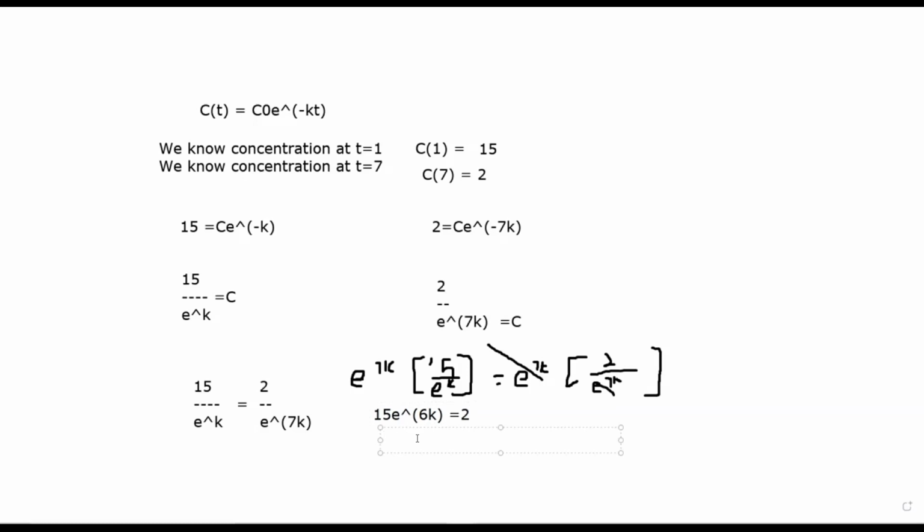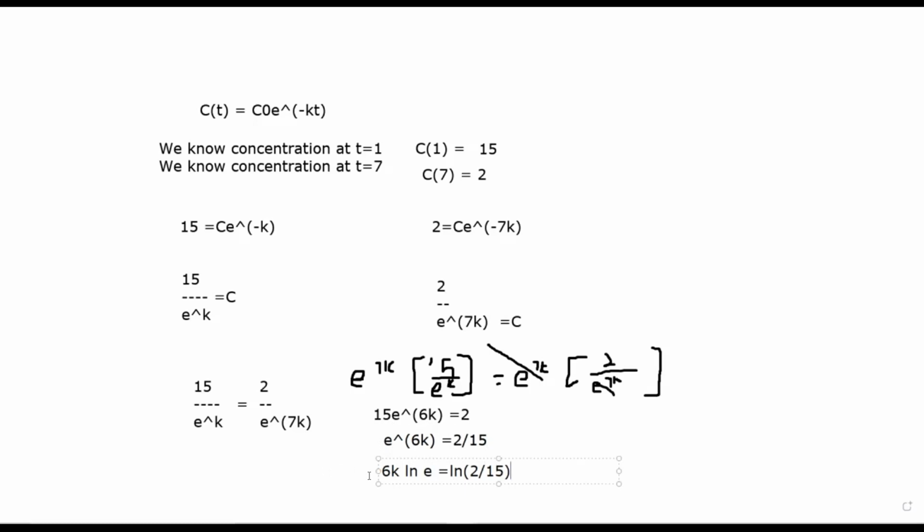So if I divide by 15, I'm going to get e to the power of 6k is equal to 2 over 15, right? Now from here, you know how to solve this. Because you bring this down, this is going to be ln, 6k times the natural log of e, and we know what the natural log of e is, equal to the natural log of 2/15.